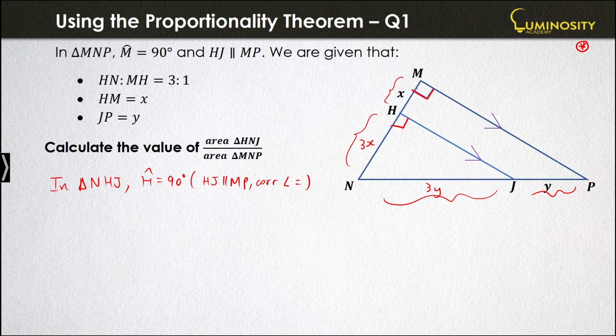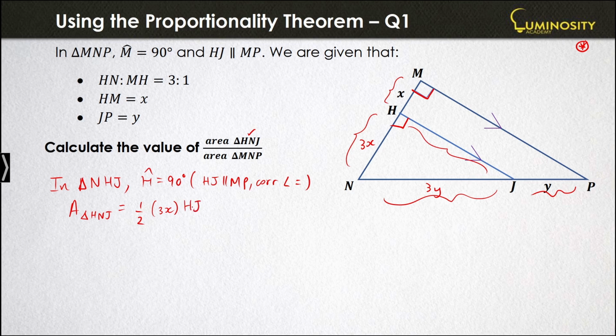Okay, so now I have two right-angled triangles. In triangle HNJ, the area is equal to half times the base 3x times this perpendicular height HJ.